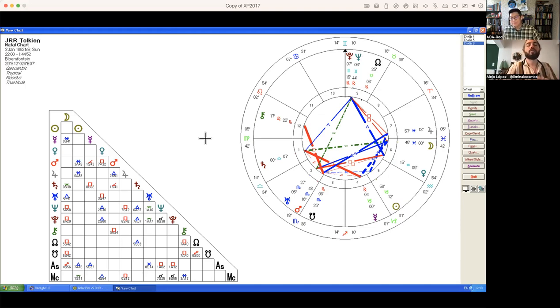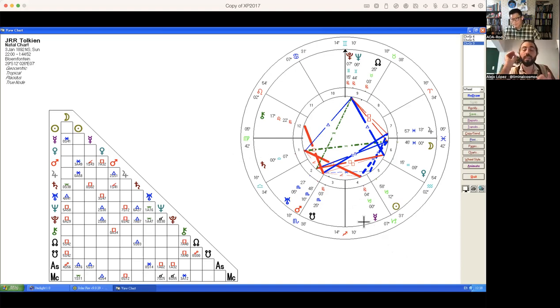So we look at the rising sign of Tolkien, and it's Virgo, which means that his first house, the rising sign, is ruled by Mercury, because Mercury is the ruler of Virgo. In this chart, Mercury is in Capricorn in the 4th house, which means that we need to link what the first house means with Mercury in Capricorn in the 4th.